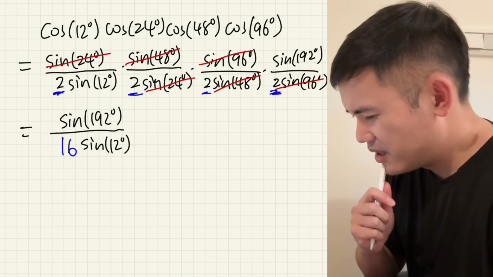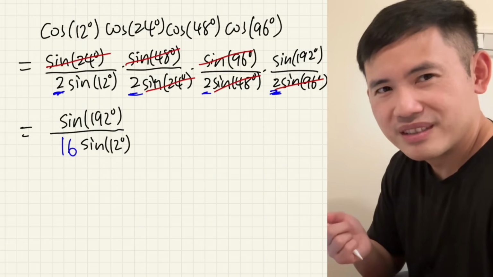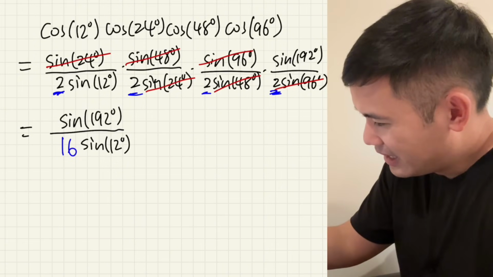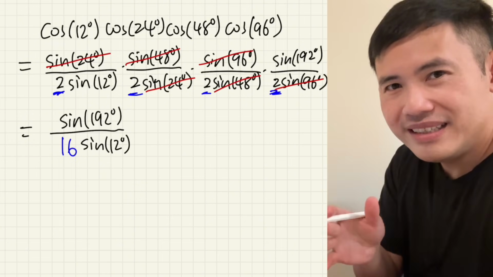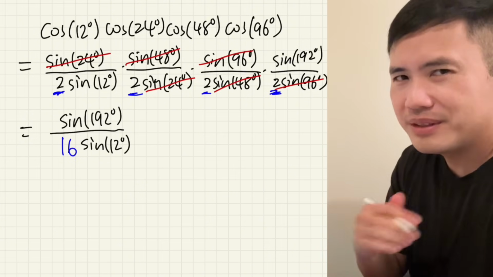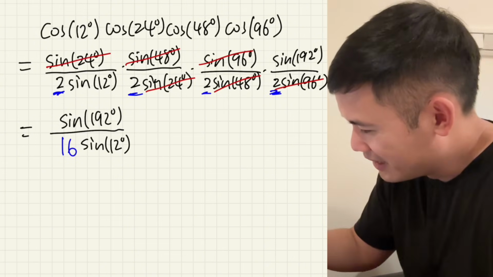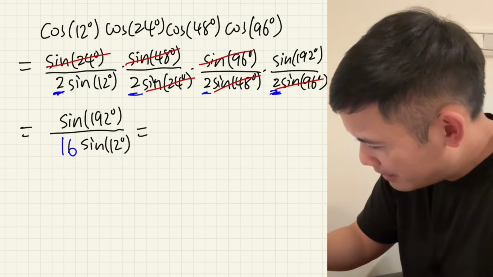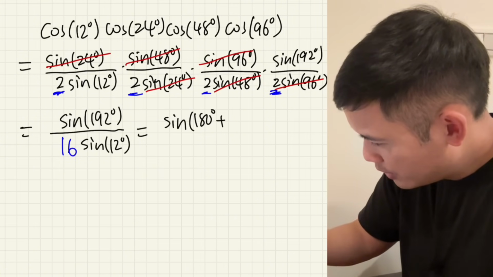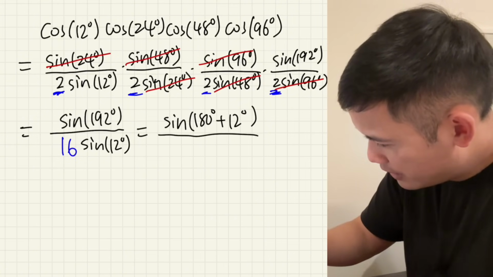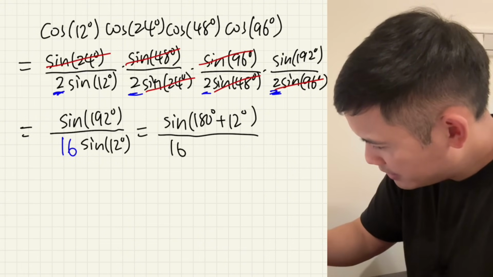Okay, is there anything we can do with this though? Yes, have a look. Sine of 192 degrees is just 180 degrees plus 12, right? So I'm going to look at the top as sine of 180 degrees plus 12 degrees, over 16 times sine of 12 degrees.